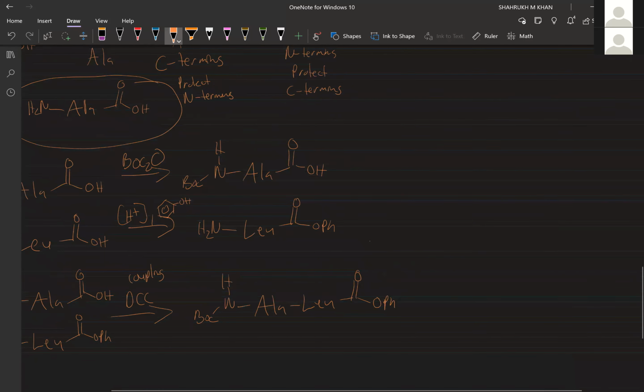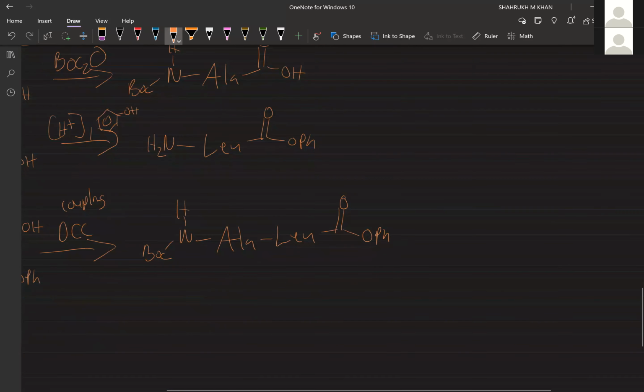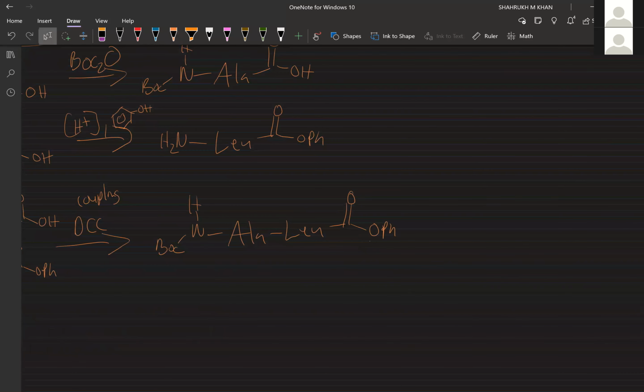Now what's left, what was the last one? Glutamate. So now we have to bond glutamate here. From this dipeptide, are we using the C terminus or the N terminus to bond to glutamate? C terminus, right? So what do we have to do before we can?